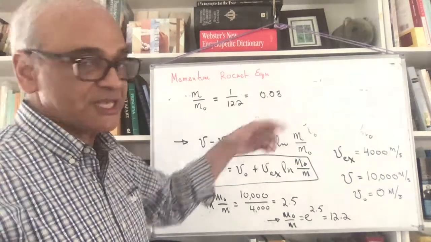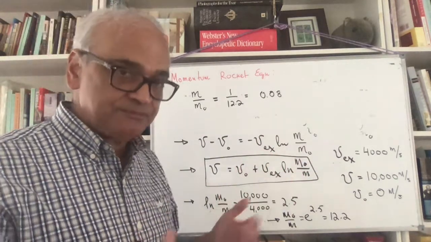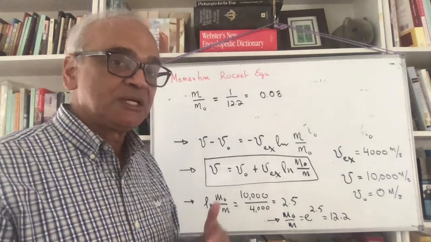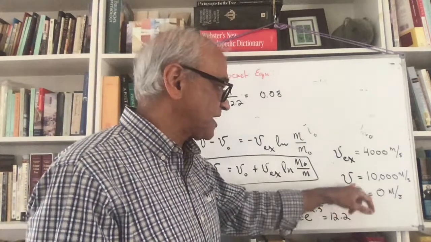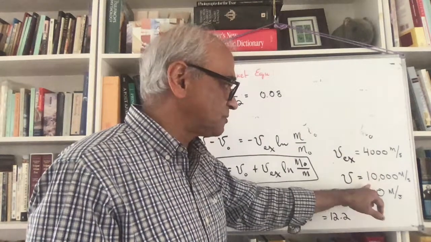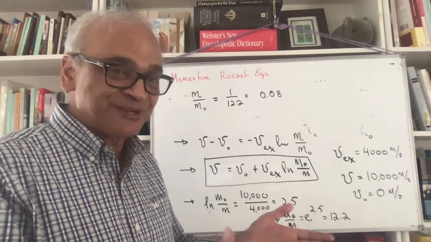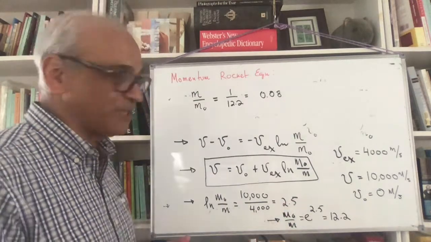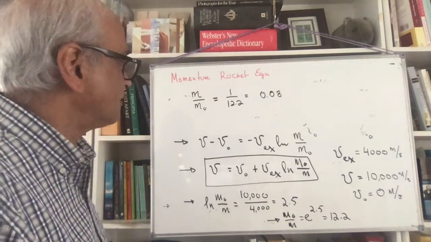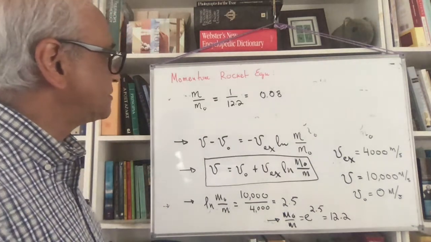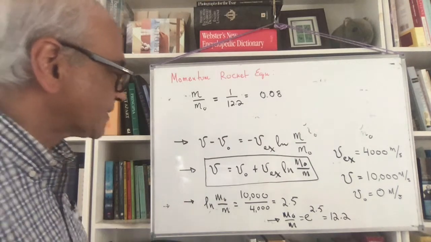So that means that 92% of the rocket would be fuel. And you would need to actually exhaust 92% to go from 4,000 meters per second to 10,000 meters per second. So the main portion of the rocket would be simply the mass of the fuel itself. That's quite incredible, actually, when you take a look at that, right? So keep that in mind.